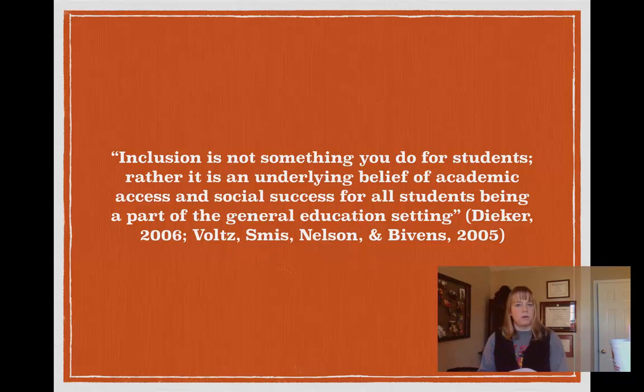But he was part of the first graduating class that used inclusion in our community. And so he was included in the general education curriculum for 70% of his day from first grade to high school, to when he graduated. And that made a big difference in his preparation for life out of high school.